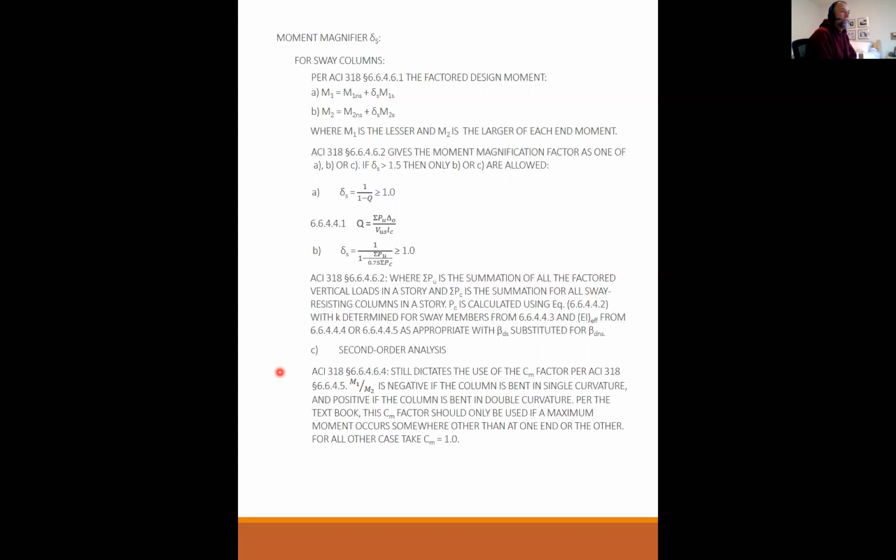M1 over M2 is negative if the column is bent in single curvature and is positive if the column is bent in double curvature. Per the textbook, this CM factor should only be used if a maximum moment occurs somewhere other than one end or the other. For all other cases, take CM equal to 1.0. I know, confusing, but we'll work through an example with that.